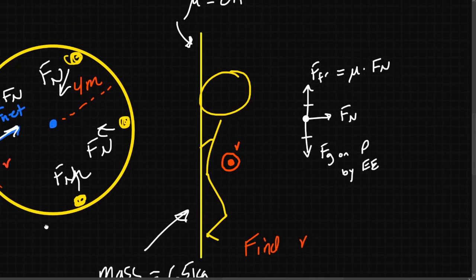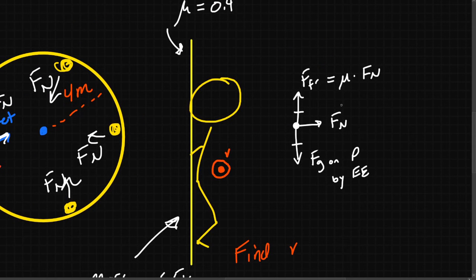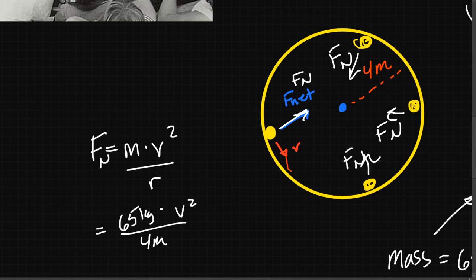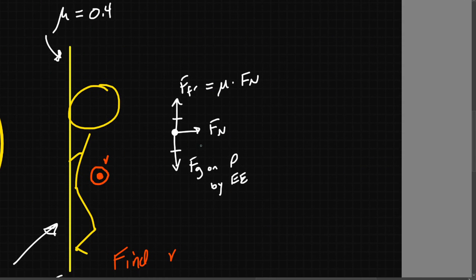Well, let's look back over here. We know that this is our centripetal force. So this is just Fn. That's the force causing him to go in a circle. But then here, looking at this, we know that Fn will be equal to the force of friction divided by whatever our coefficient is.